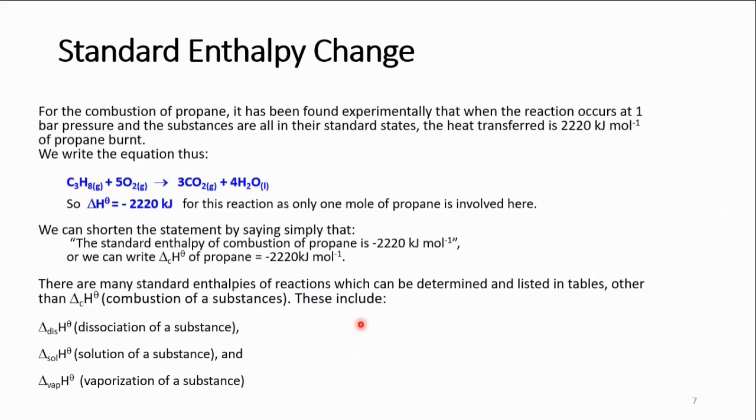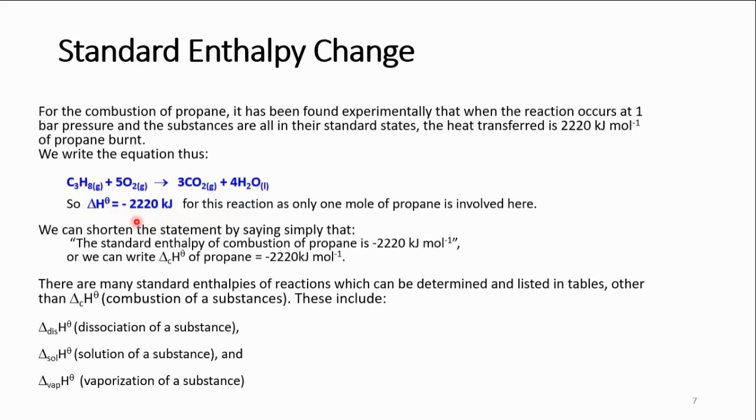Now, standard enthalpy change. For the combustion of propane, it has been found experimentally that when the reaction occurs at 1 bar pressure and the substances are in their standard states, the heat transferred is 2,220 kilojoules per mole of propane burned. So even though you see us writing delta H equal to minus 2,220 kilojoules, this is when only 1 mole of propane is burned.